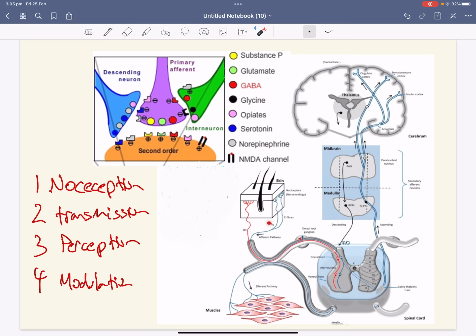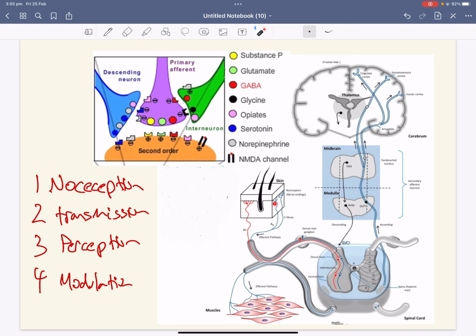We have C fibers and A delta. The C fibers pick up extreme heat and direct painful stimulus, like let's say you were to prick your finger with a thumbtack, whereas an A delta would be cold or maybe excessive force, like if you were to slam it in the door.